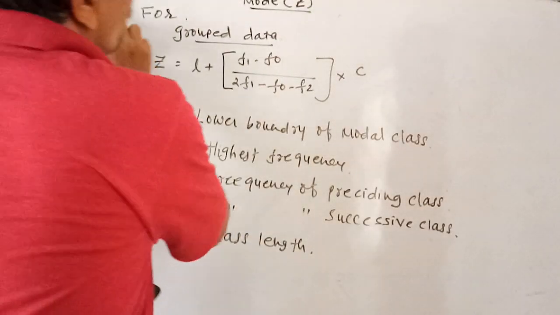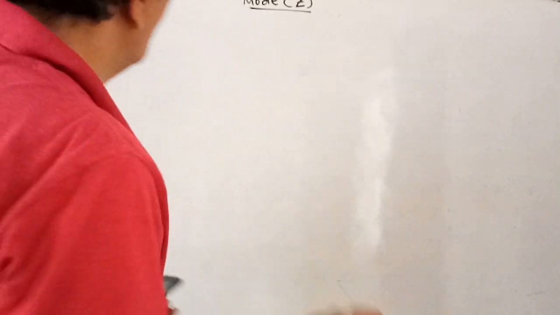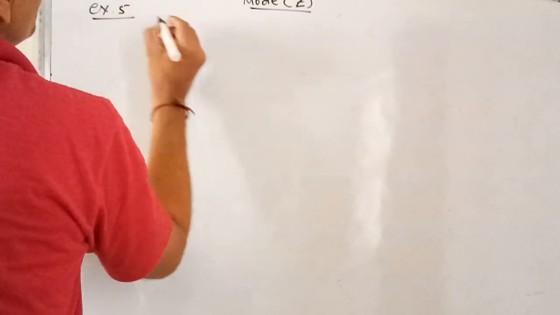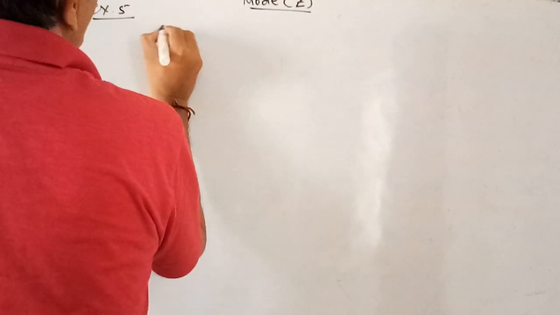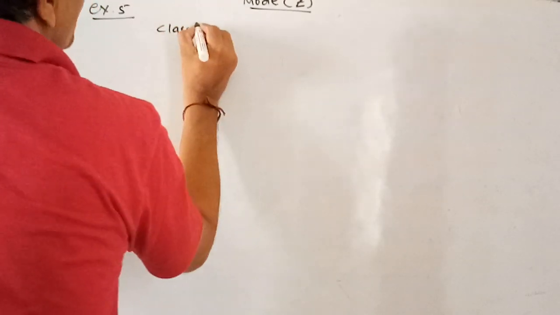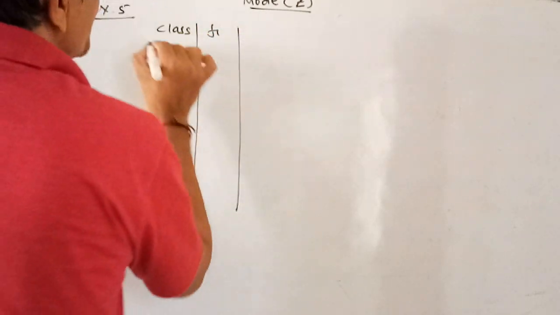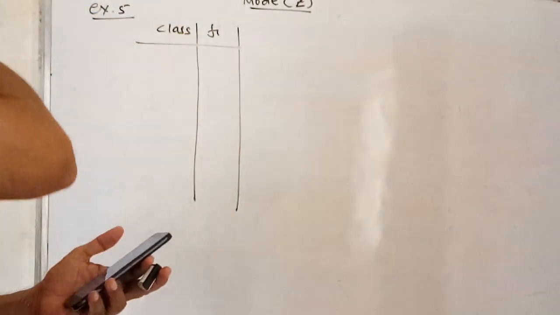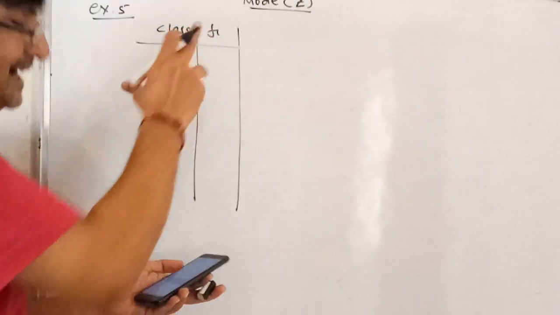Okay. So now example number 5. Only one method for mode. Say first we can say it is a class and here it is a frequency. Whatever it is written in your question, forget. First one, the upper one in your question, it will be class, and second is a frequency.